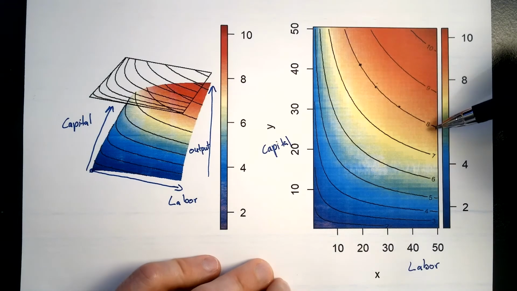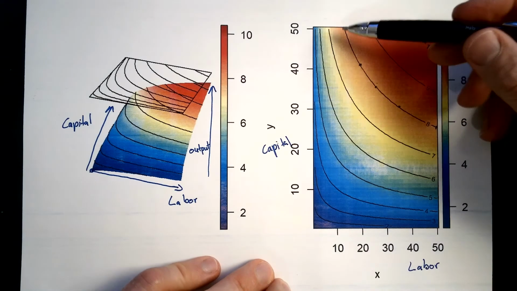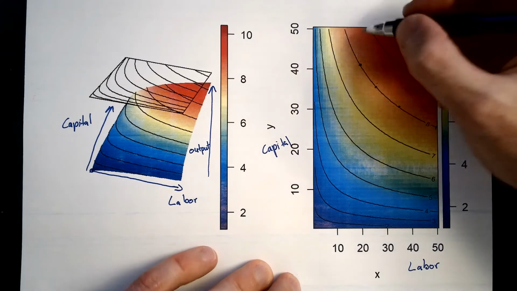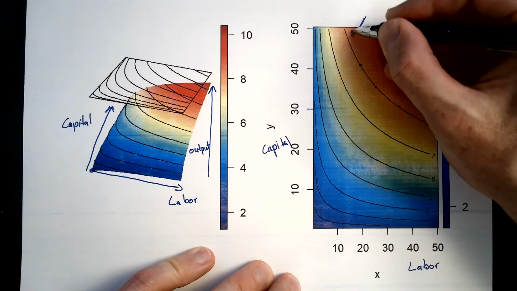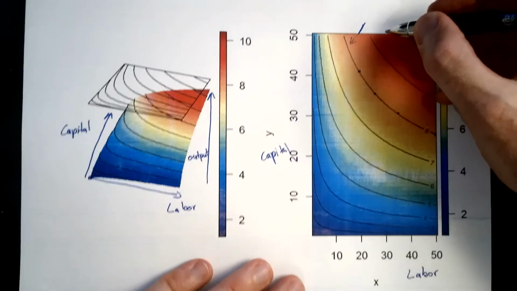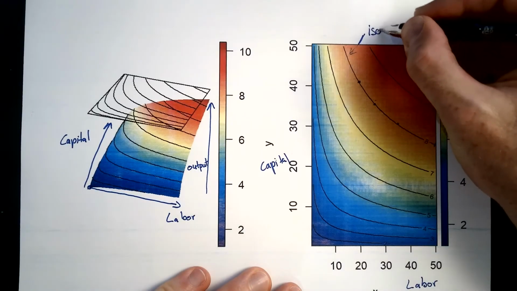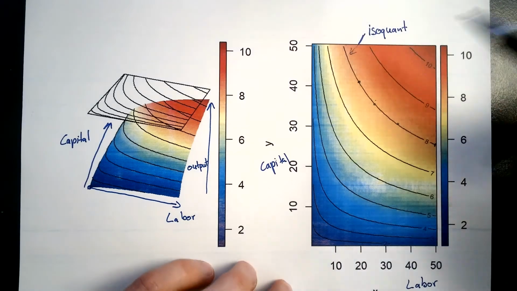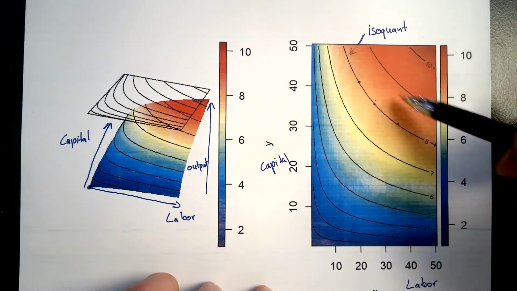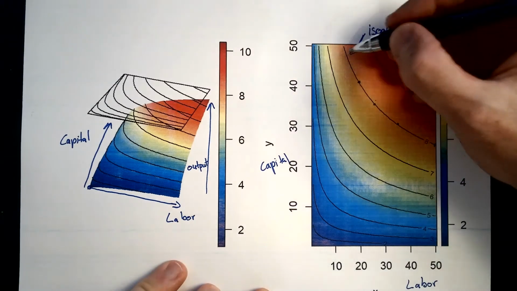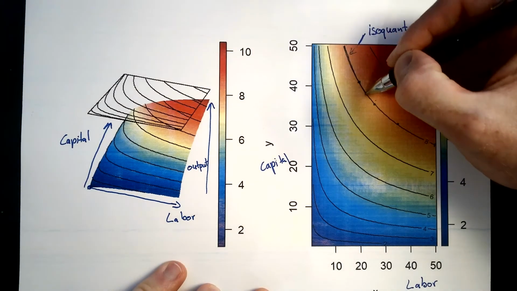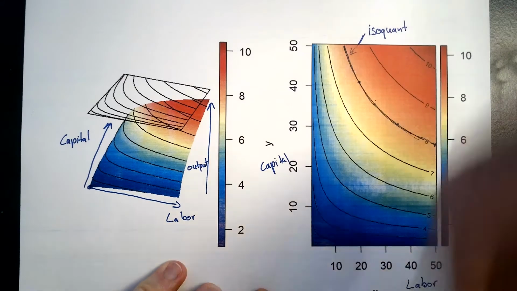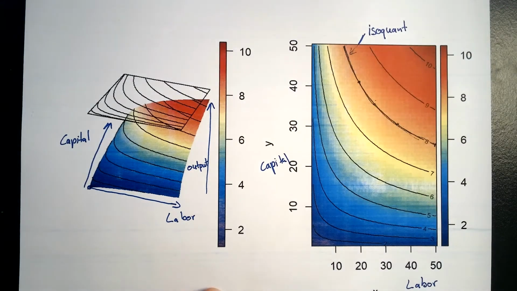In consumer theory, this was called an indifference curve, whereas in production theory we call this an isoquant. Iso means same quantity. So all the combinations of capital and labor on this isoquant produce the same quantity of output.